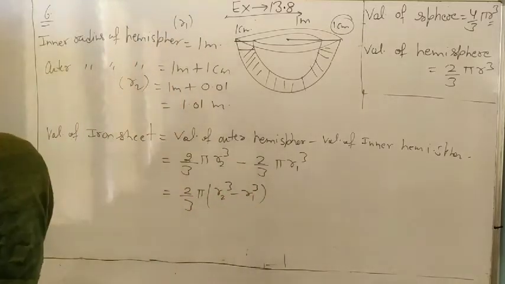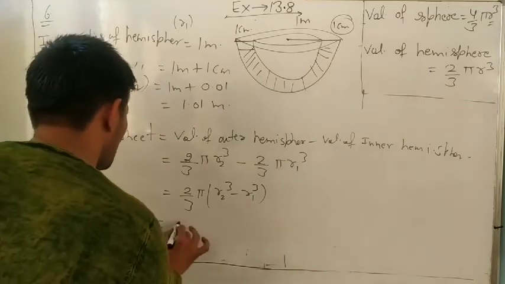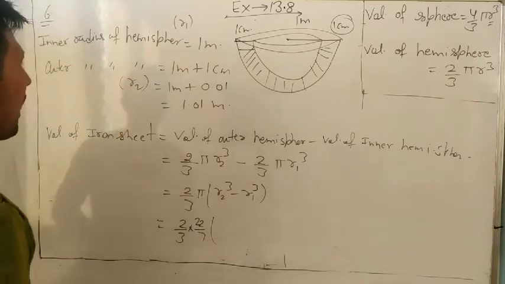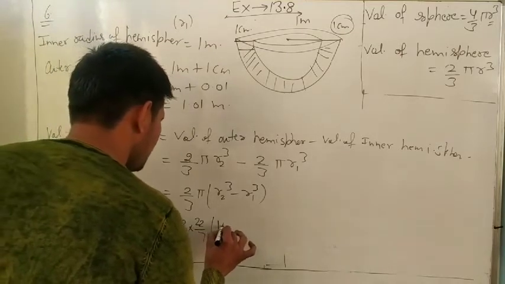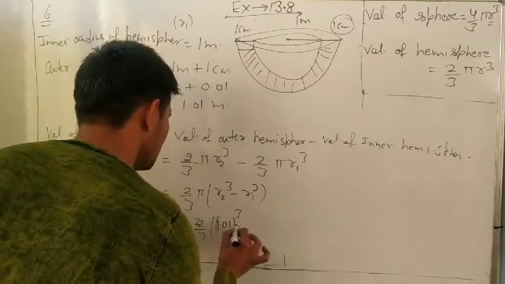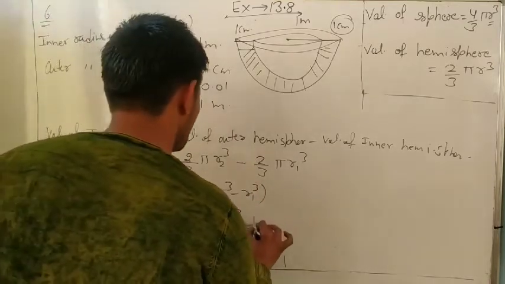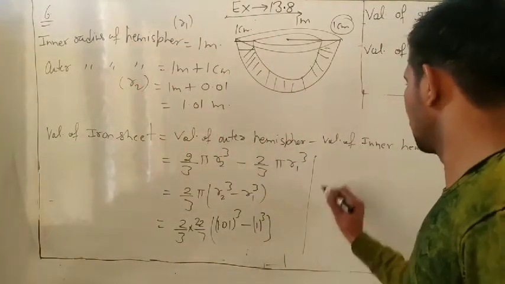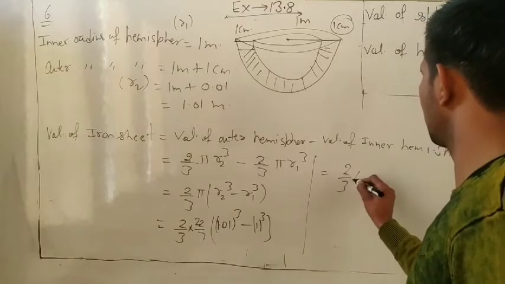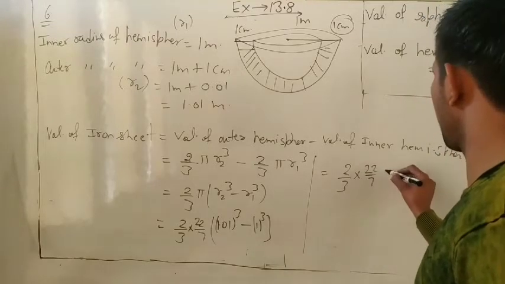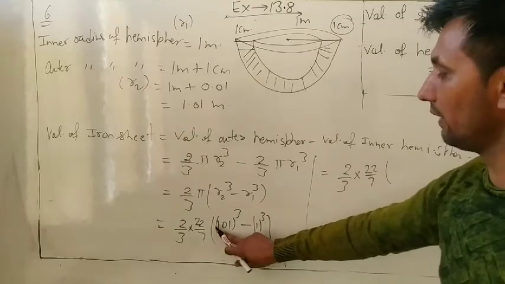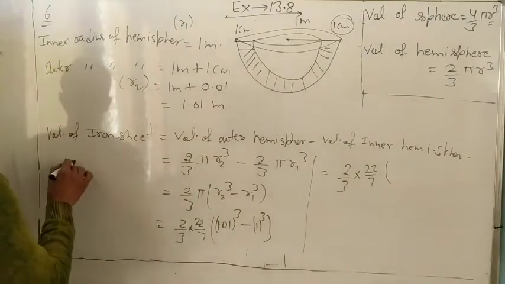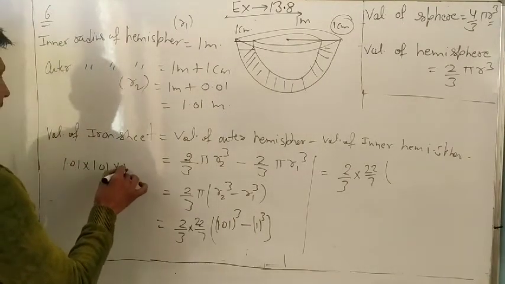Put the values. So 2 upon 3, 22 by 7, R2 is 1.01 cube minus R1 is 1 cube. Understand it? So solve it. 1.01 cube means 1.01 times 1.01 times 1.01.